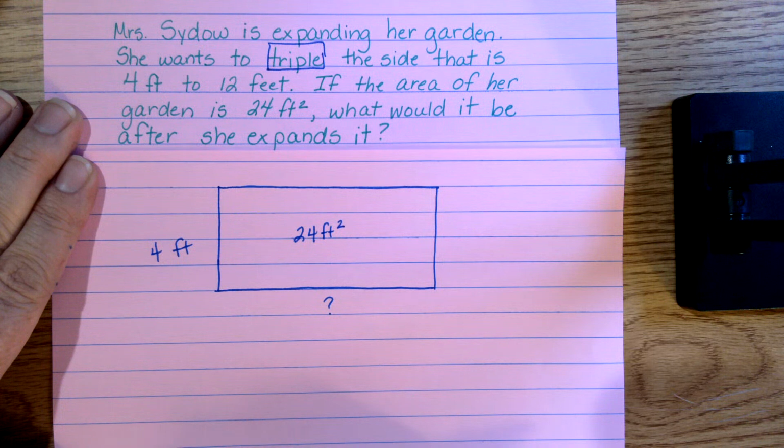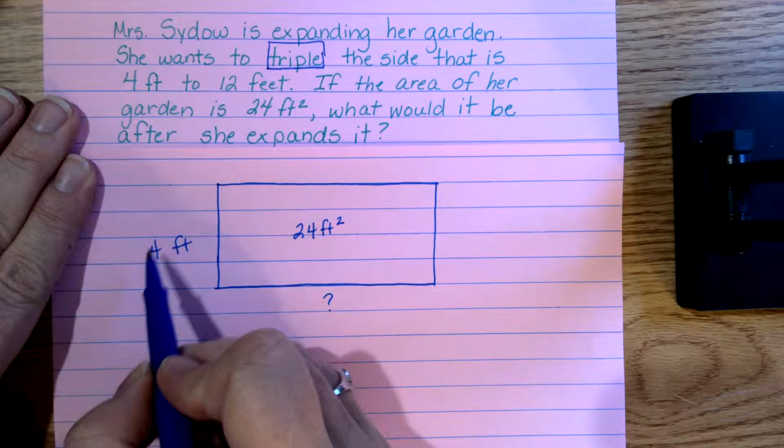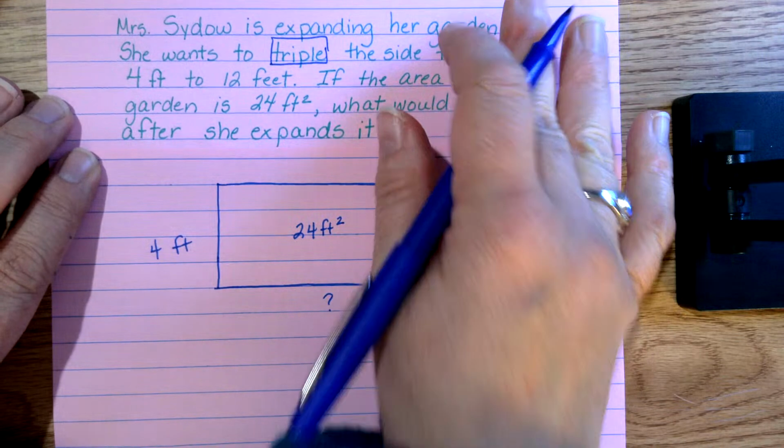When we look at this, if she is going to triple the side, this is no longer going to be 4 feet. Triple means we're going to make it 3 times bigger.